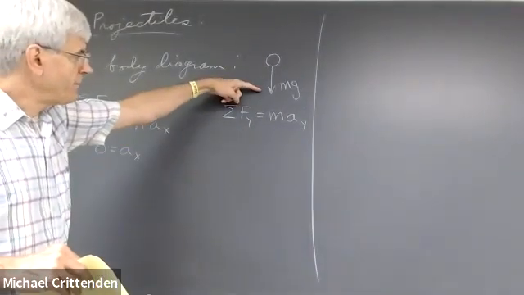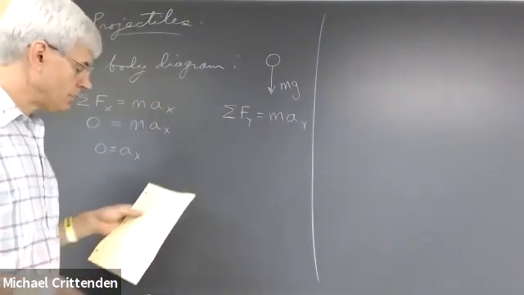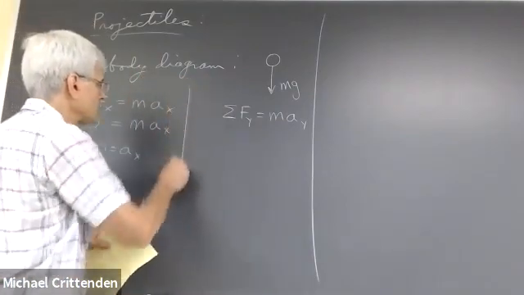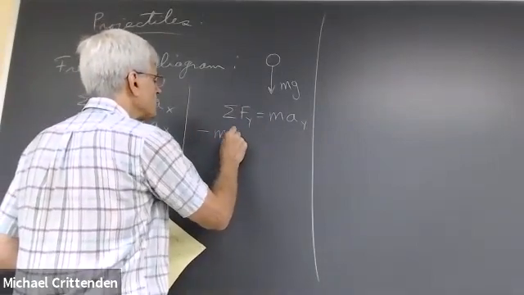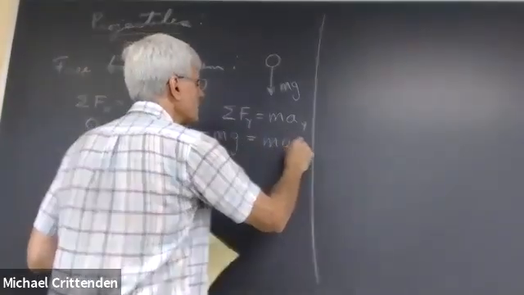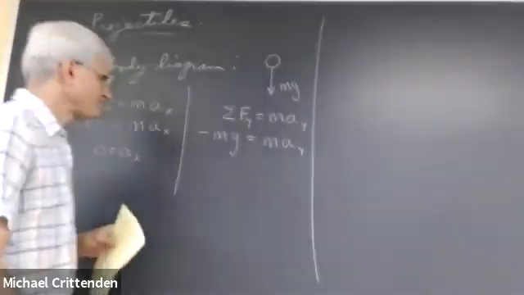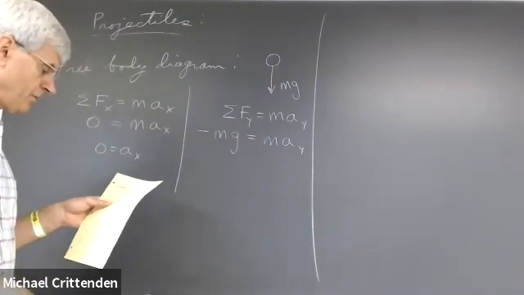Well, here we do have a force. If we say that up is positive, then minus mg is equal to m times a_y. Divide both sides by m, and it cancels out.